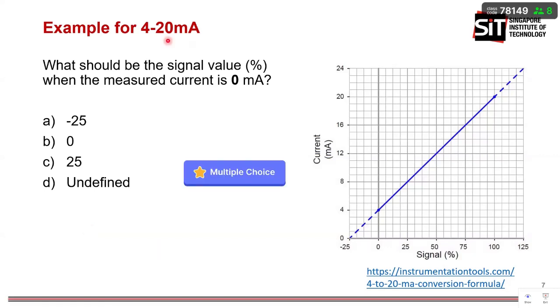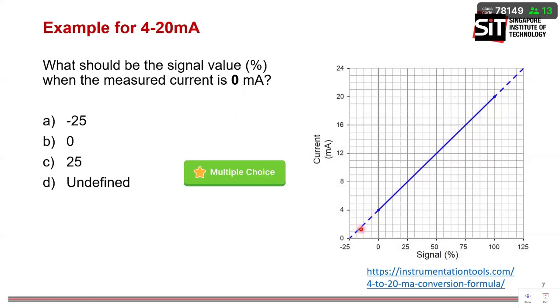Okay, so I'm going to test you on the understanding, because earlier we talked about the signal. The current has to be between 4 to 20 milliamp. So the question here is asking, if we measure a current of 0 milliamp, what should we understand from 0 milliamp?